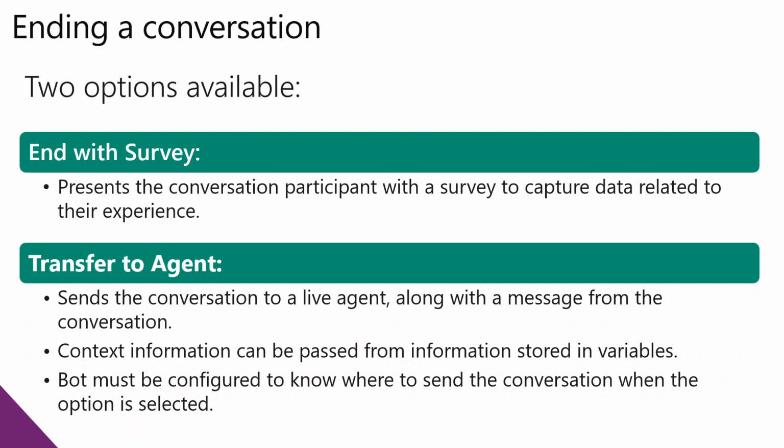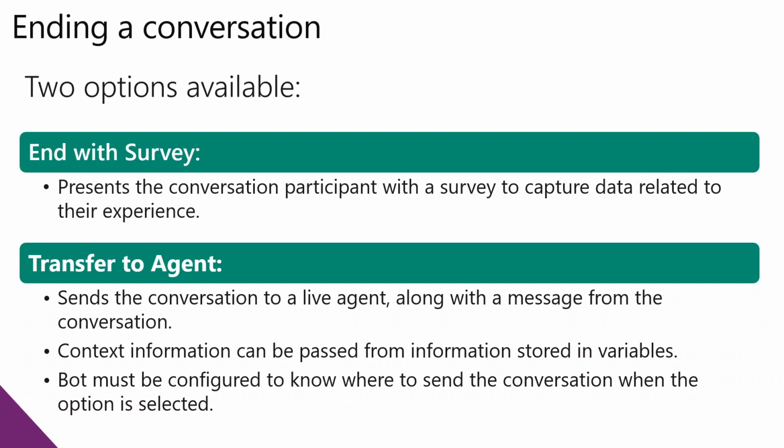When you end a conversation, there are two options. You can either end with a survey to capture data related to their experience. You will have seen these before, where it's got a star rating that you can ask. So option one is ending with a survey, and option two is to transfer to a live agent. There's a bit of extra configuration to do to enable this, and we're not going to cover that here.